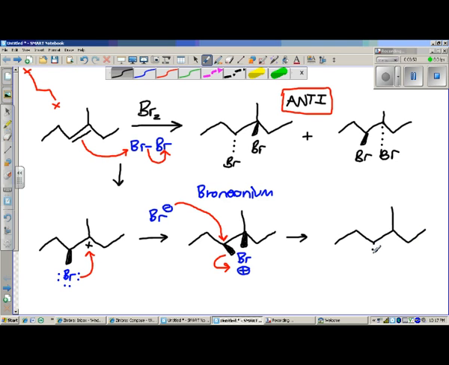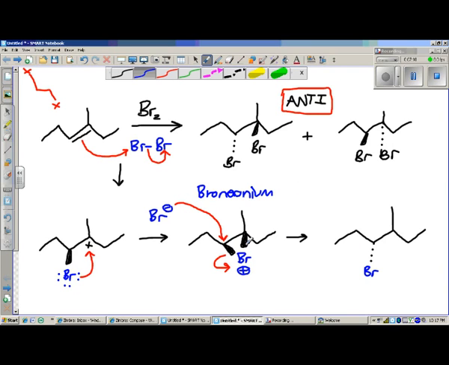So for that reason I'm going to show it on a dash. Again, this is my crappy representation of a dash, and that should be blue, shouldn't it? Let me try it again. So if this is in blue, there's my Br on the dash.